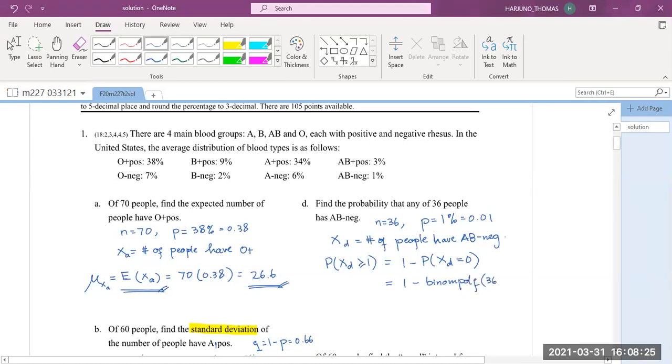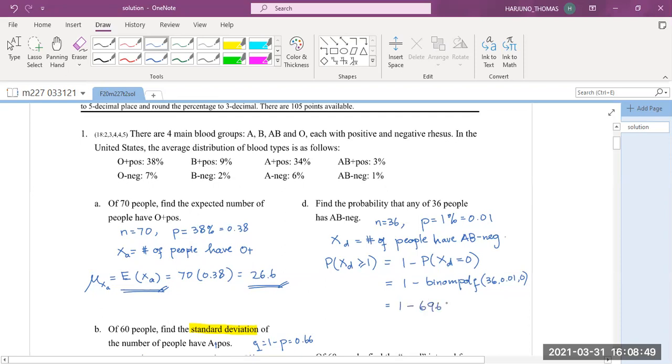Okay, 36, 0.01, 0. Now, I assume you know how to punch your calculator already. If not, then please take a look at my other lecture to figure out how to punch that on your calculator.